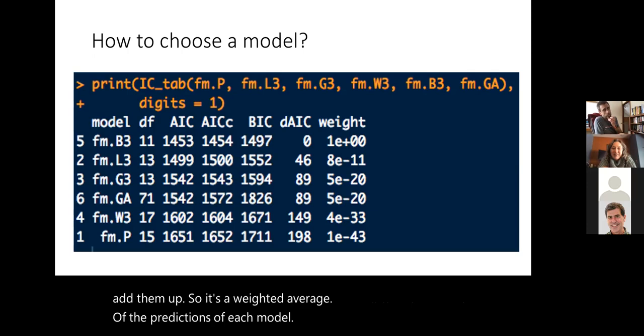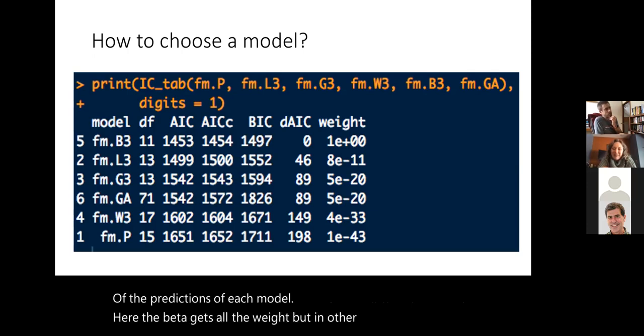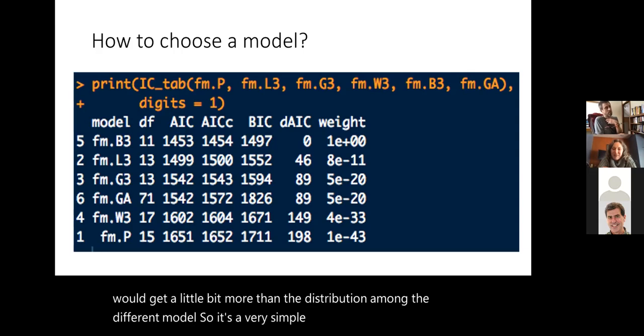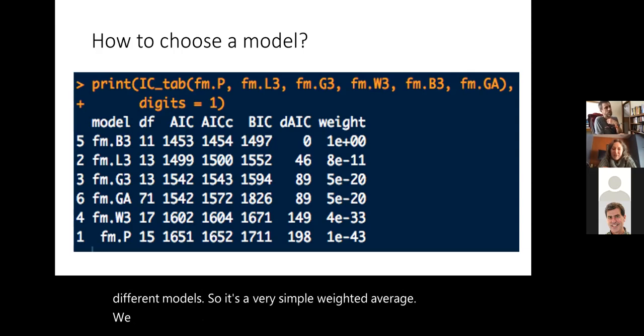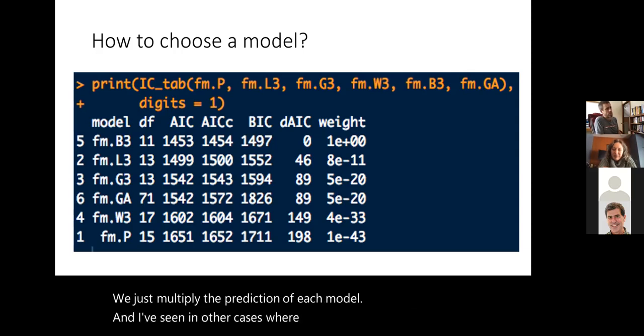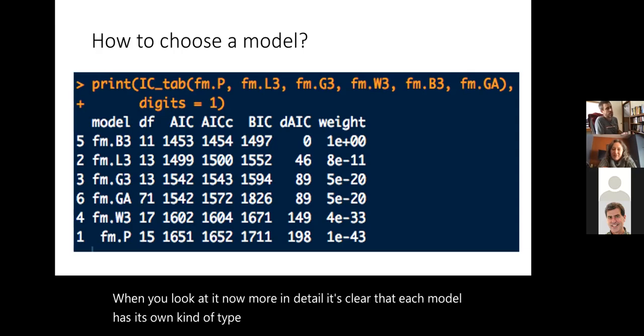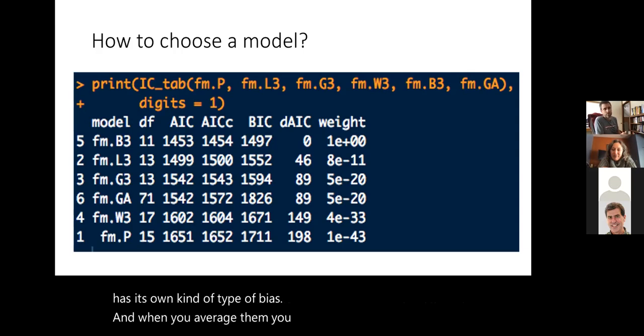Here, the beta gets all the weight, but in other examples, you would get a bit more distribution among the different models. So it's a very simple weighted average. We just multiply the prediction of each model by its weight. And I've seen in other cases, when you look at each model in more detail, it's clear that each model has its own type of bias. And when you average them, you sometimes get a smoother description of the data.